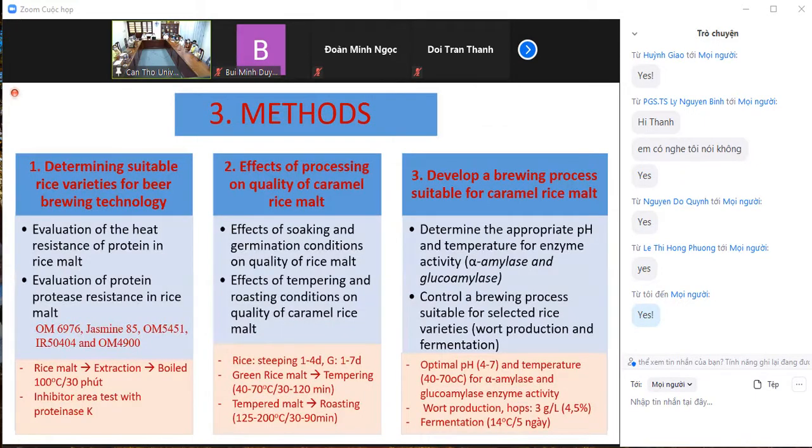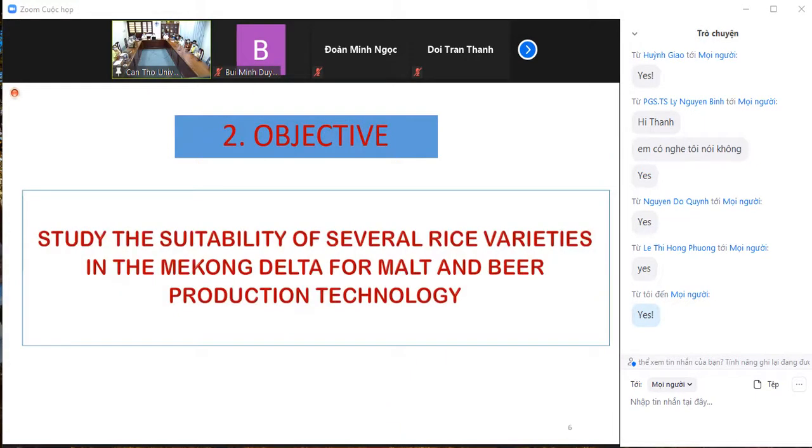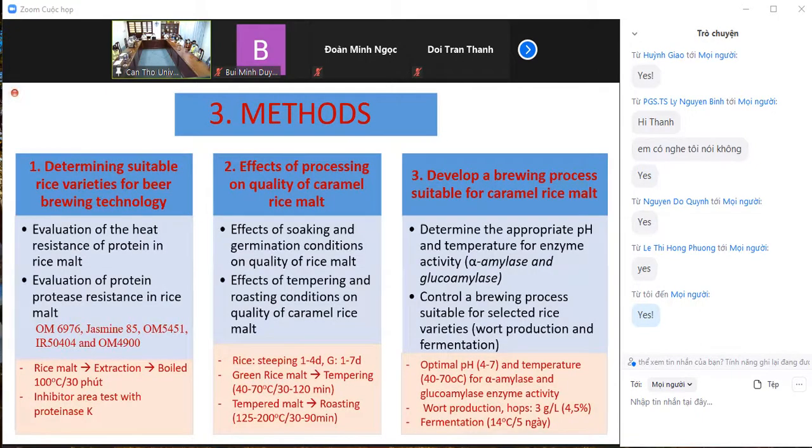Our objective is to study the suitability of several rice varieties in the Mekong Delta for malt and beer production technology. To achieve the objective, we divided our study into 3 parts.